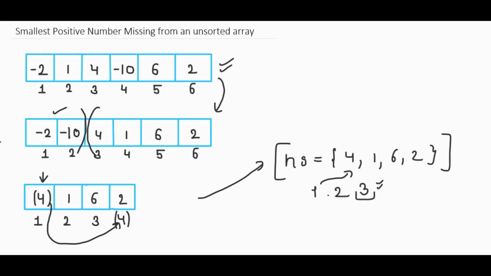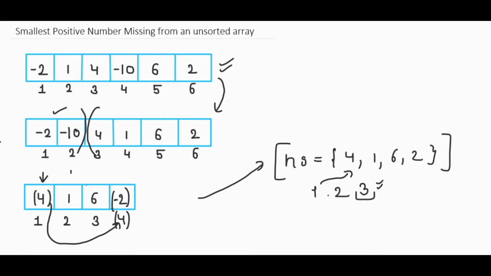We go there and what we do is we make the element present at that index as negative. So what we are doing is, first we see the element which is present at any index. We go to that index and make the element present at that index as the negative of the previous element that is present there. Okay, it sounds a little tricky, but you'll get it.